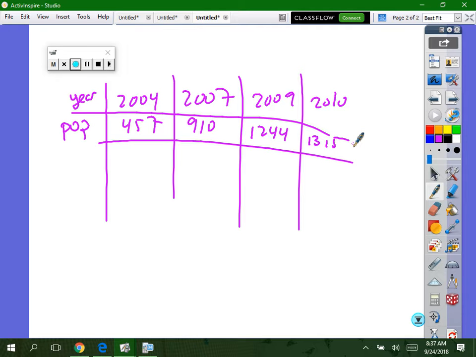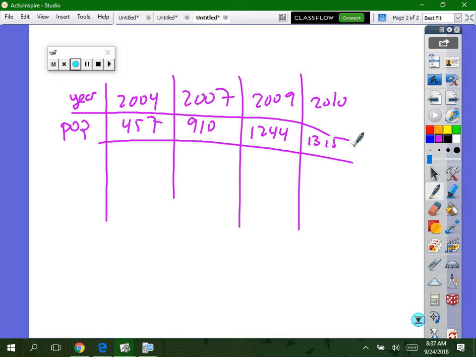Okay. So this one's talking about a population of a city in terms of their year. One thing that you always need to know is understand who's the dependent and who's the independent variable. Does population depend on what year it is, or does the year depend on how much population there is?